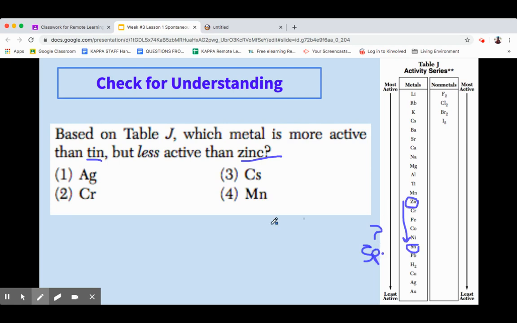I'm just going to abbreviate because it's very hard to write with this imaginary pen. Okay, if we're trying to give tin's electrons to zinc, is that spontaneous or non-spontaneous? That would be non-spontaneous. That would require energy for that to happen.